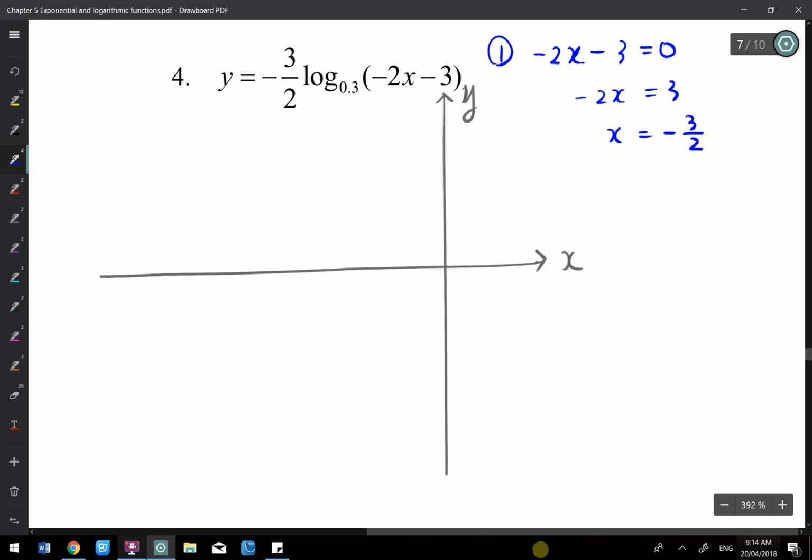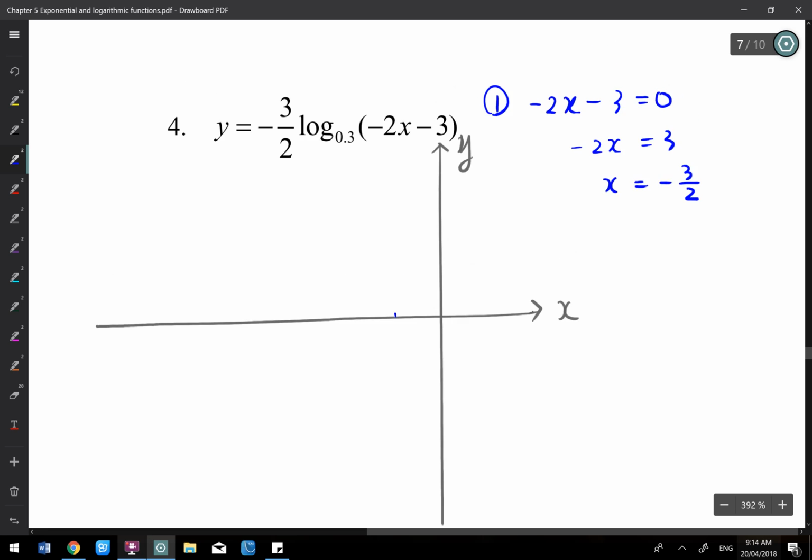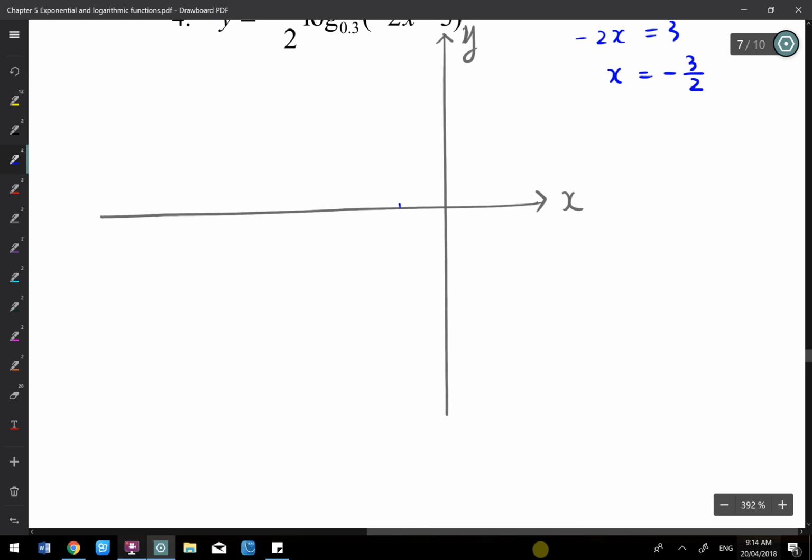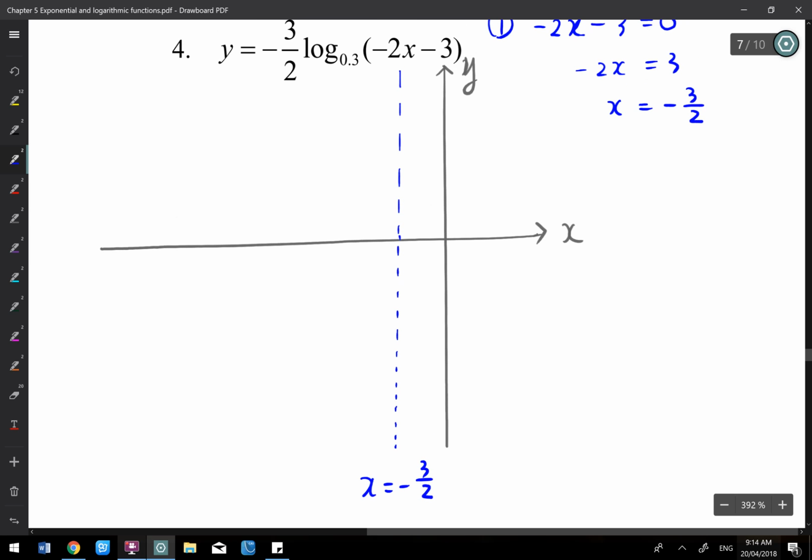Minus 1.5, which is here. The asymptote is x equals minus 3 over 2.